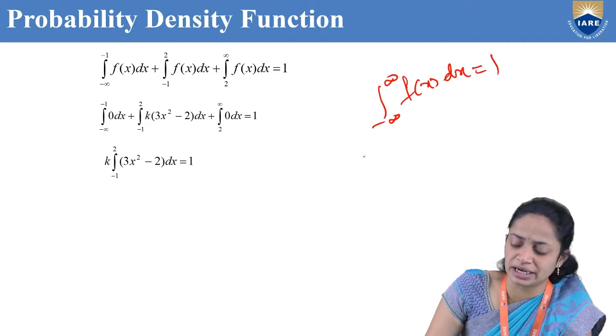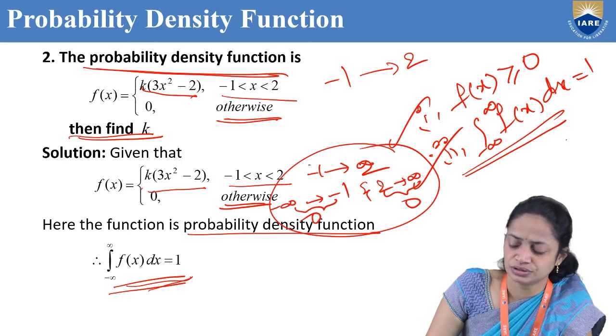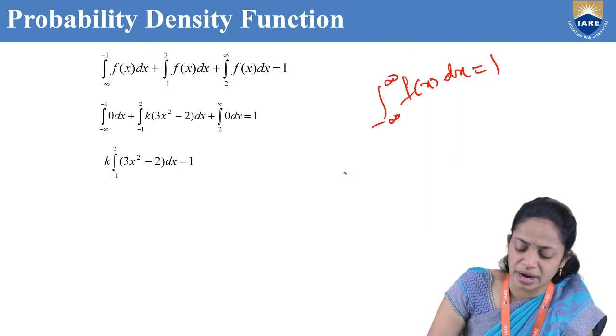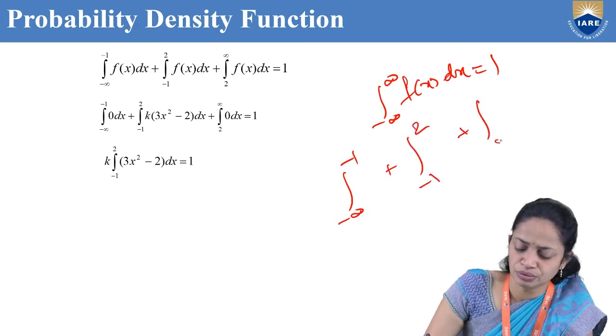So we have to split the limits based on these limits. First one is minus infinity to minus 1, then minus 1 to 2, then 2 to infinity.